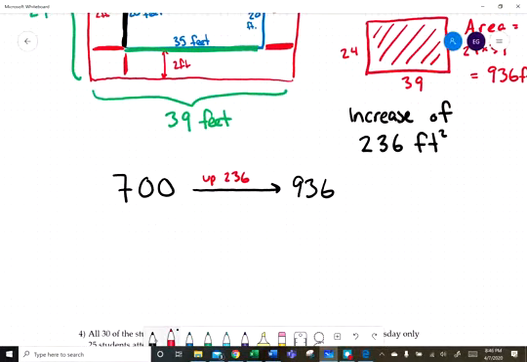Now we have a formula for percent change. What was the percent increase? That's what we're basically looking for here.